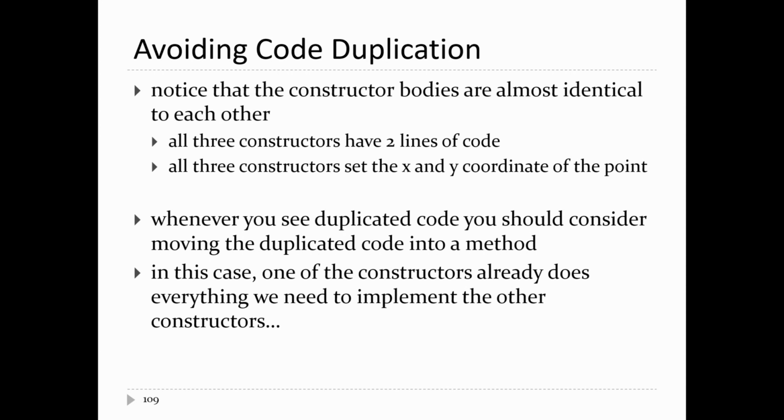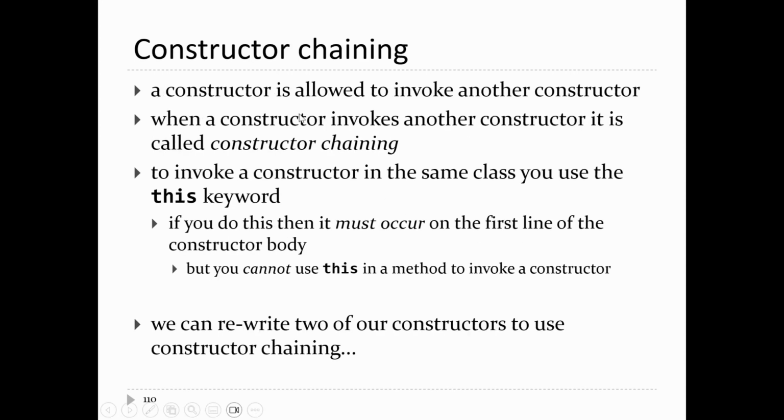If I wanted to prevent code duplication, what I'd really like is to always call that 2 argument constructor. So now the question becomes, can I call a constructor from within another constructor? The answer is yes, but you have to be very careful about how you do it. There is a technique called constructor chaining.